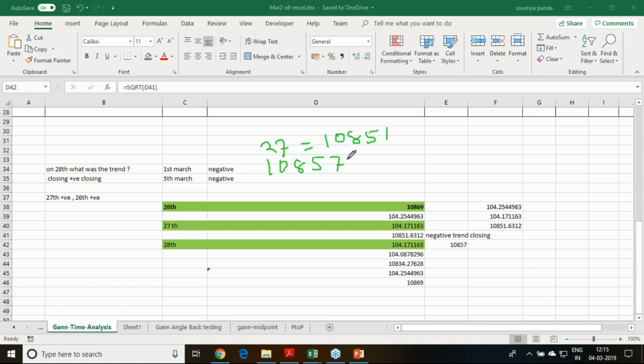So here only 6 points up was there. Can you say that this is a trend positive closing or simply a positive closing? It is simply a positive closing. It is not a trend positive closing.